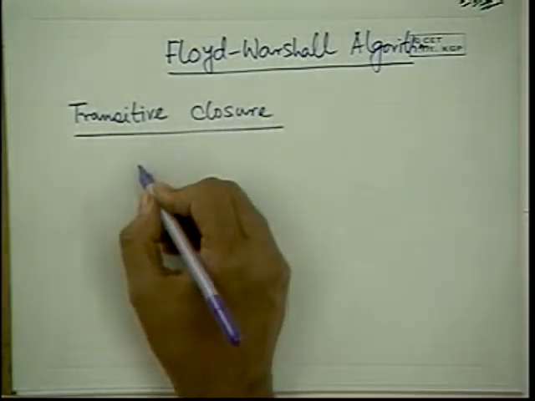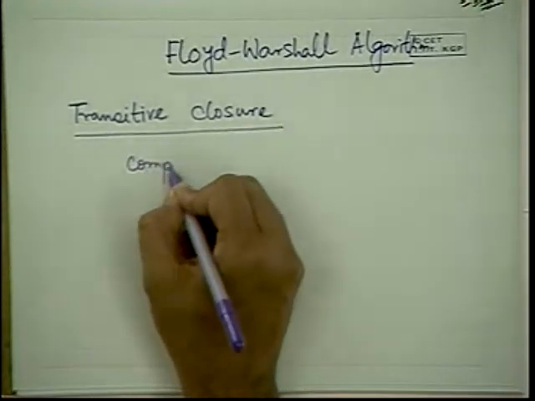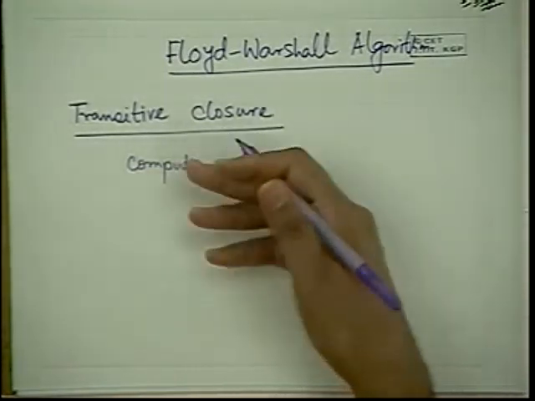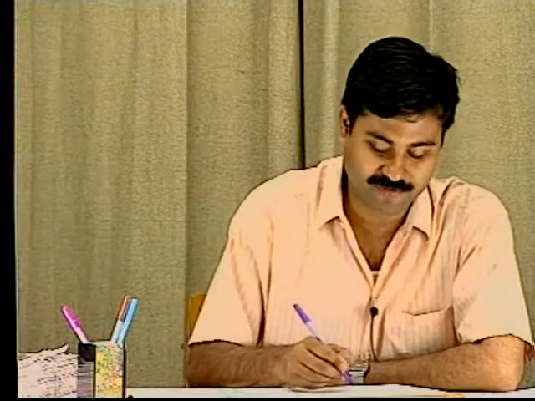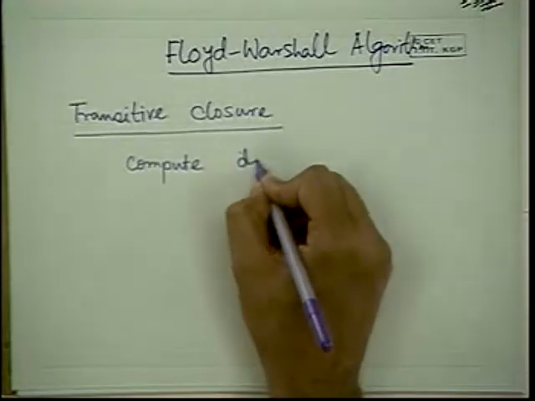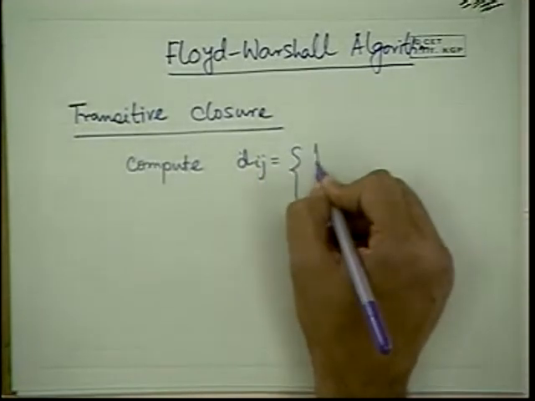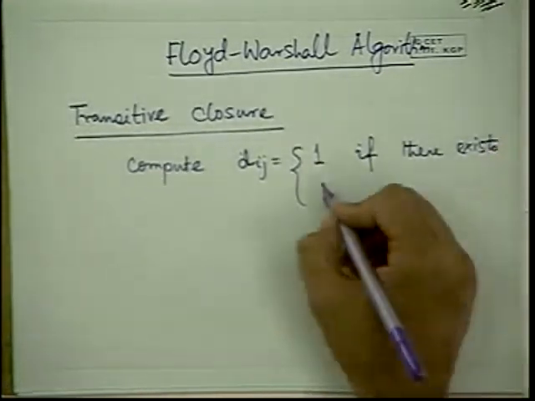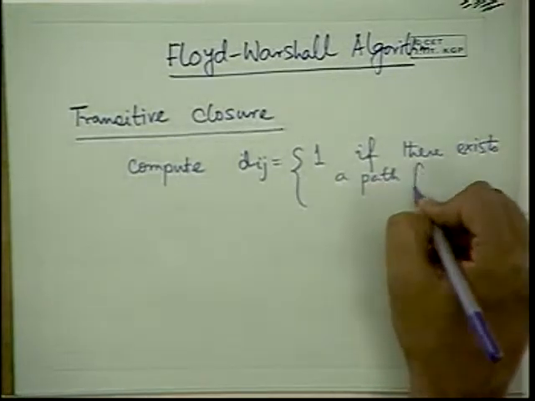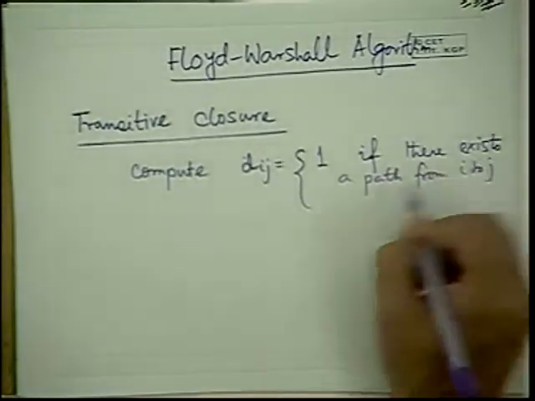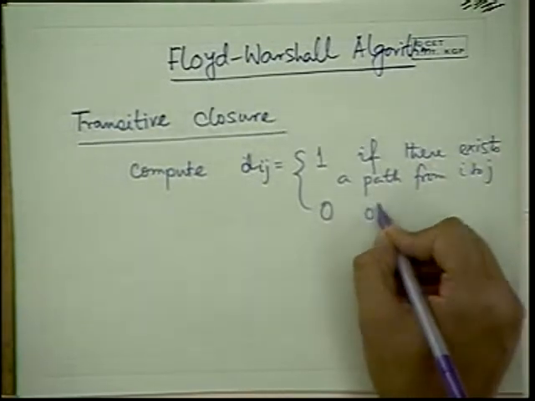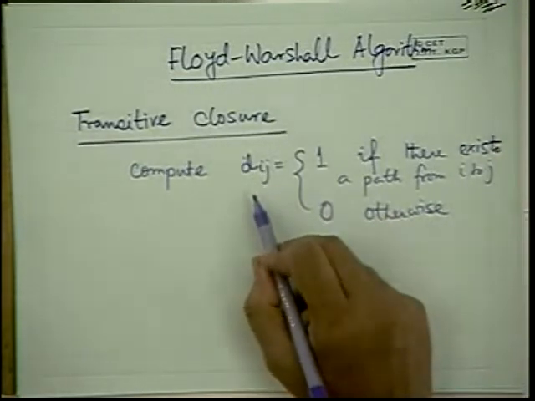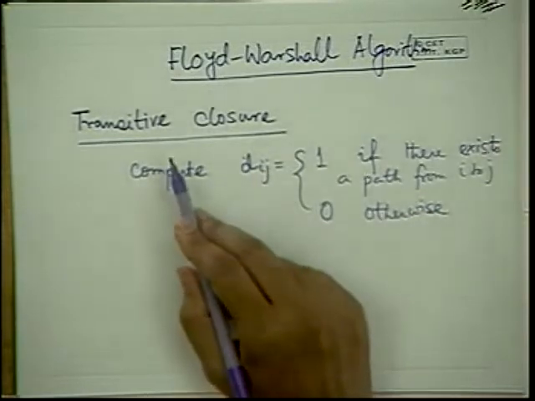The definition is this: compute Dij equal to 1 if there exists a path from i to j, otherwise 0. If you compute this matrix Dij, this basically computes the transitive closure of the given graph.